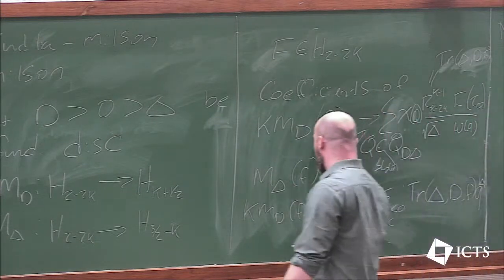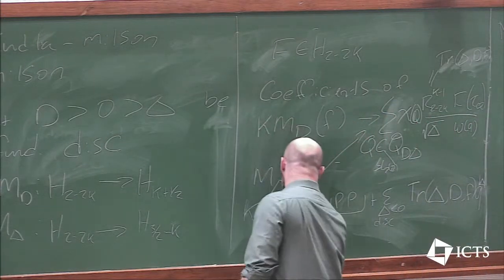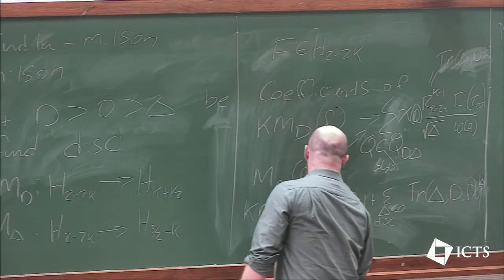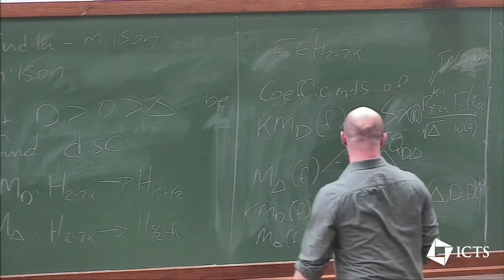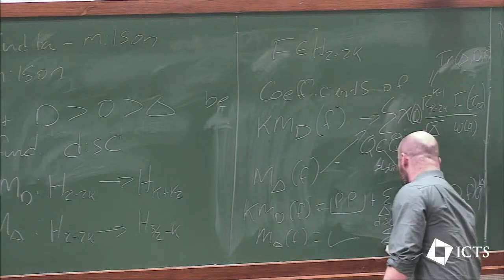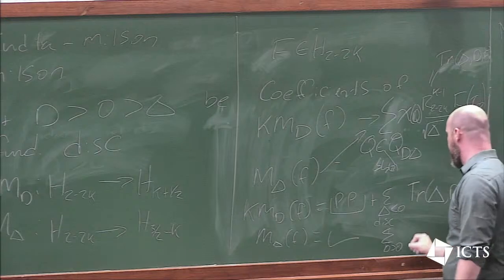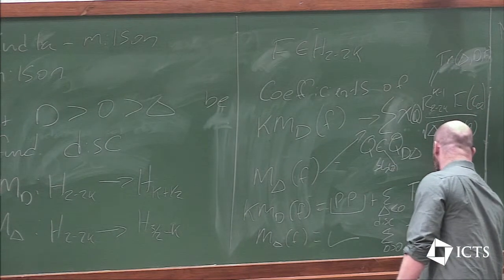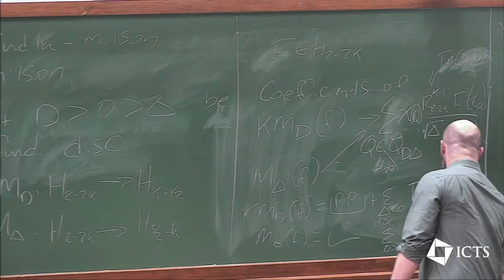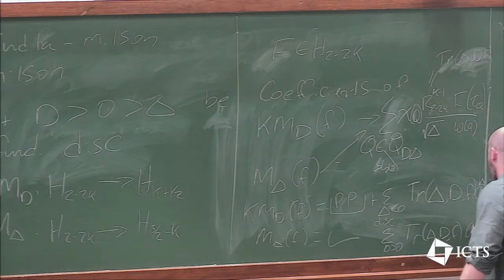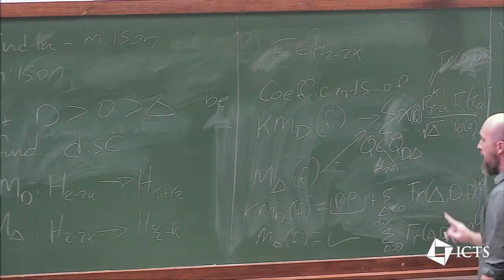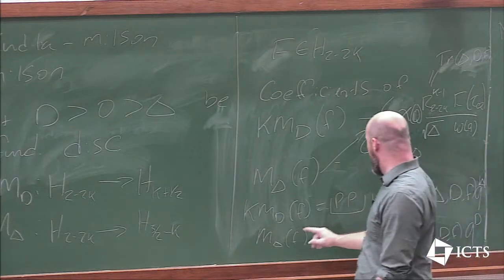And then for the Milson lift, again, there'll be some principal part here. In this case, we'll get a sum over discriminants capital D, so positive discriminants. Same trace here, delta D f, and then you get a q to the capital D. Now, this isn't quite true either.